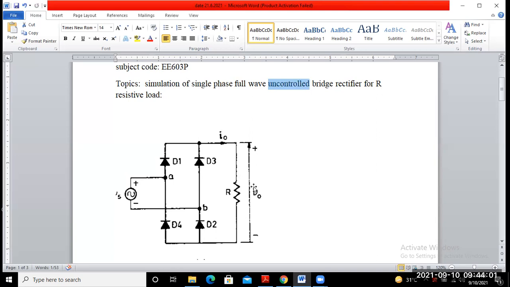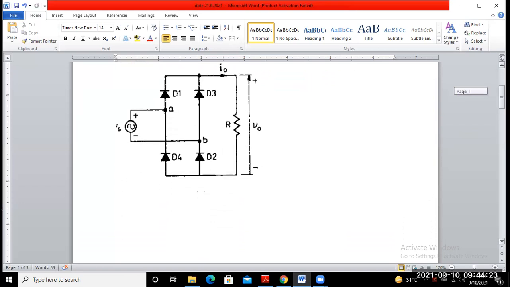That means average output voltage, average output current, RMS output voltage and RMS output current. Now we will see the waveforms one by one.